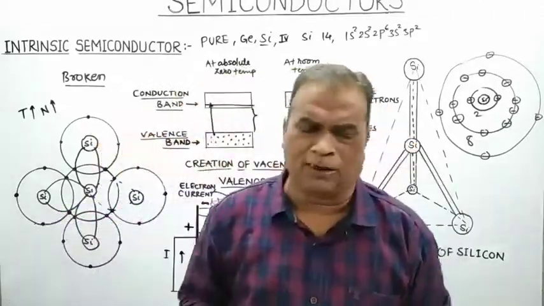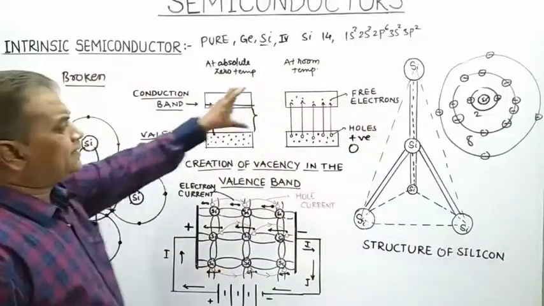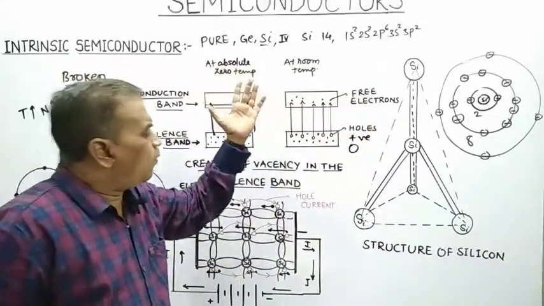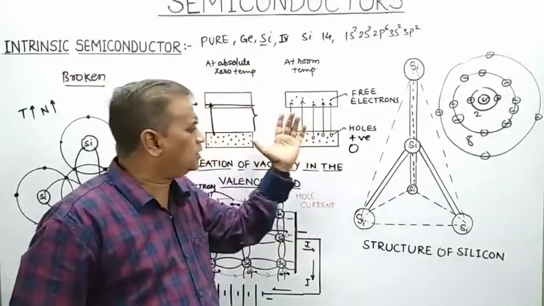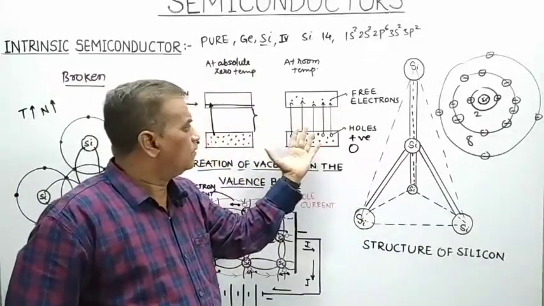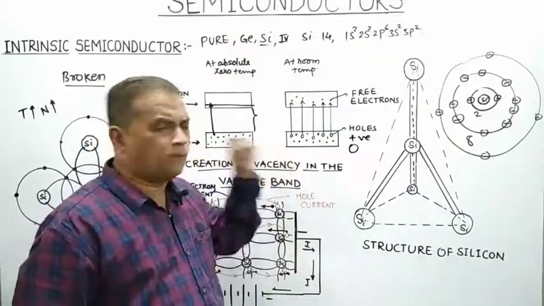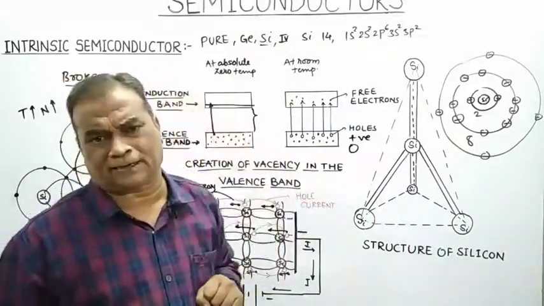Now look at this energy band structure of semiconductor. Whatever may be the number of electrons from the valence band which enter into the region of conduction band, every electron will leave one hole at its place.